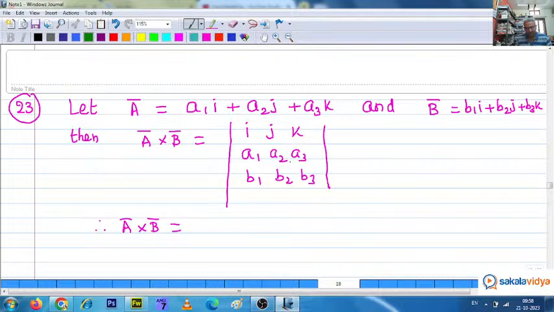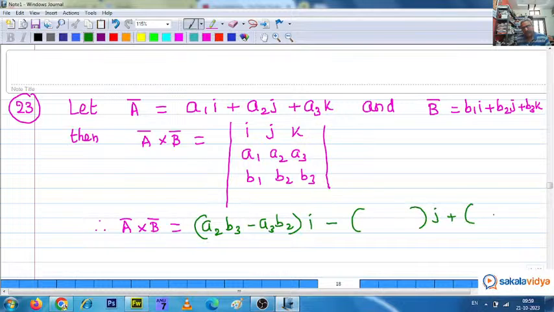Now, A2 B3 minus A3 B2 of i, minus of j, and this is of k. Let me write. So A1 B3 minus A3 B1. So this is A1 B2 minus A2 B1.